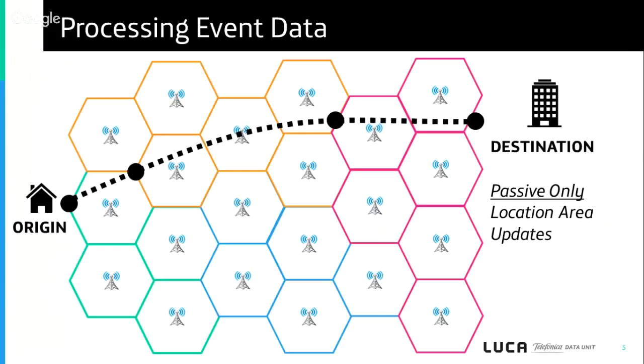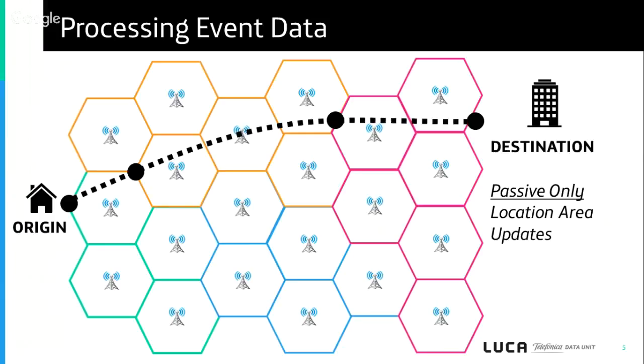And this person in particular has not used their phone as they've been traveling. It's worth noting that with those active events that I was talking about, when you're using your phone and sending texts and making calls, you generate events. But for this one, we're saying that this person has only made those passive events when they've moved from one group to the other.